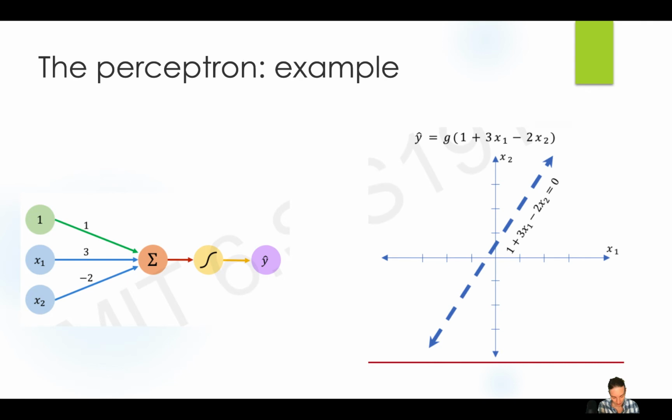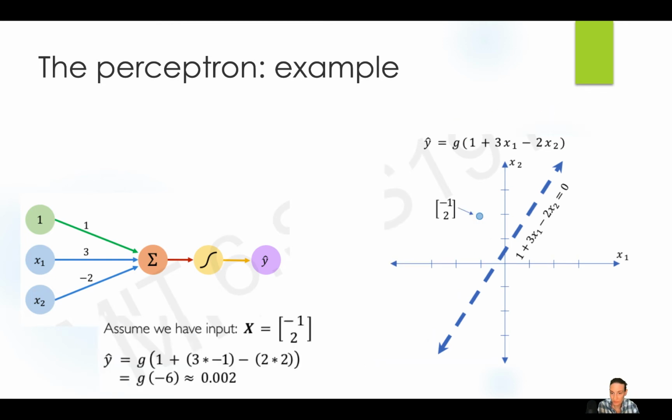So in this example, we can draw the calculated linear line in this plot, simply by equating the output of the line, by equating this part to be 0. So assume we have a new input that we feed the network and we want to know the prediction.